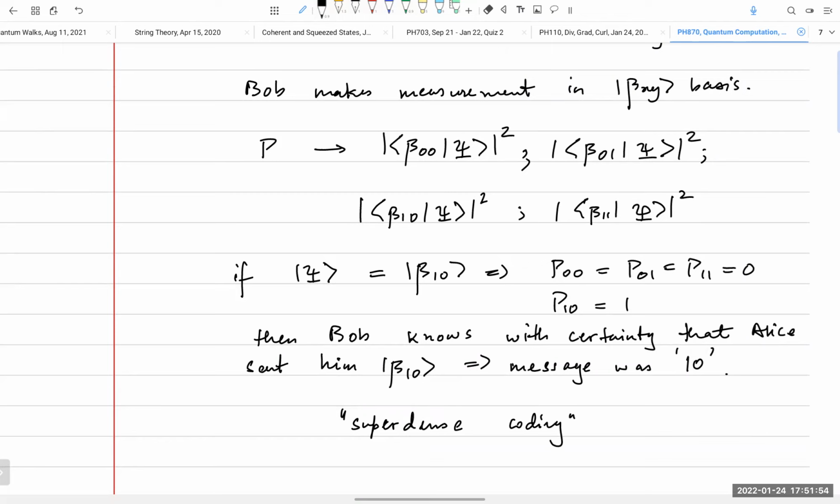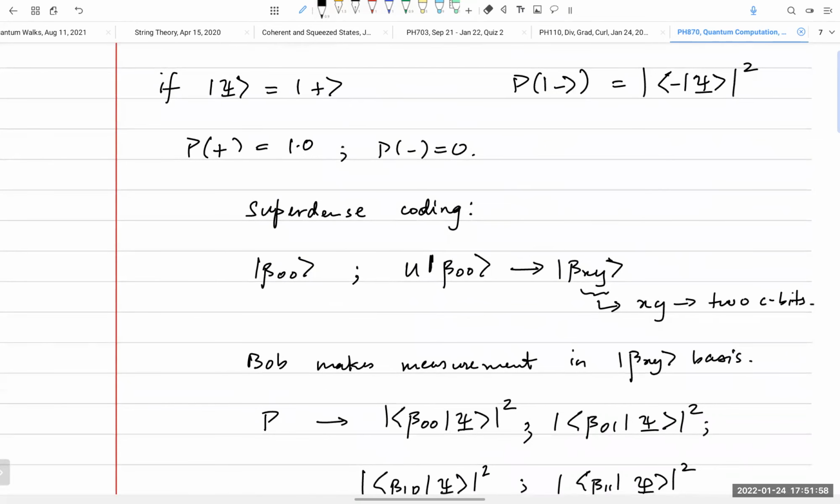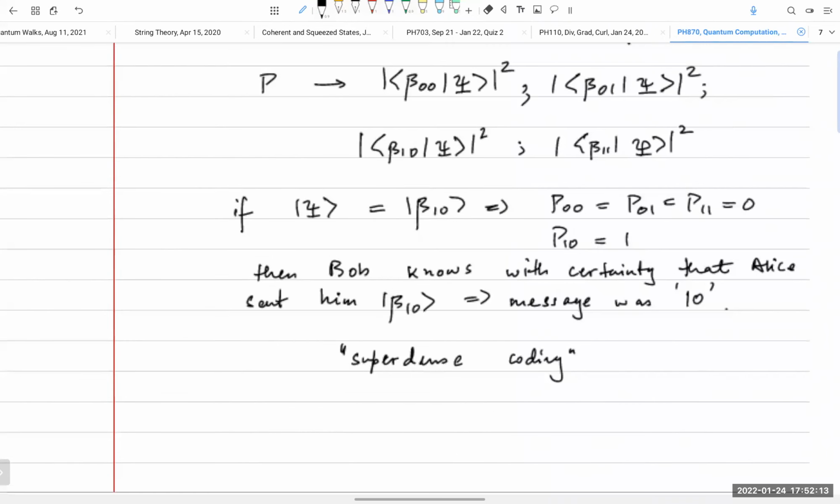Are there any questions about this? If something is not clear, well, actually, I probably should talk about measurement. And I think when I talk about measurement, things will become a little bit more clear.